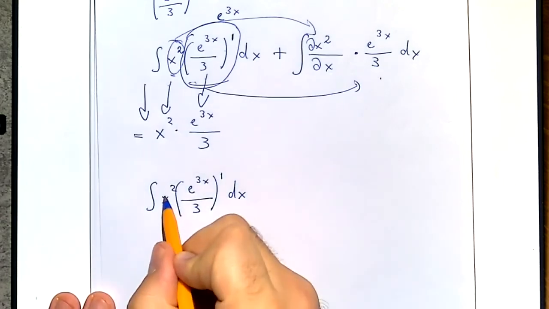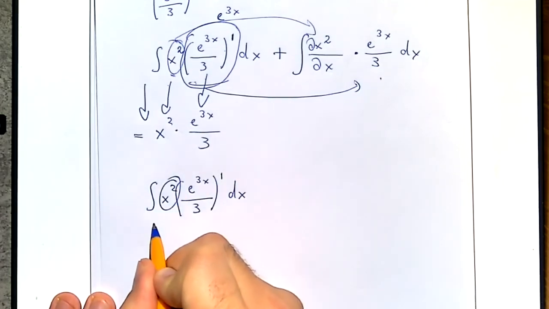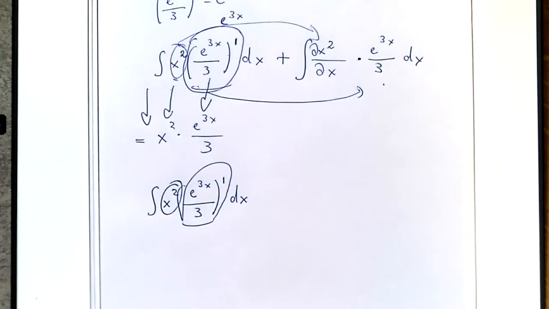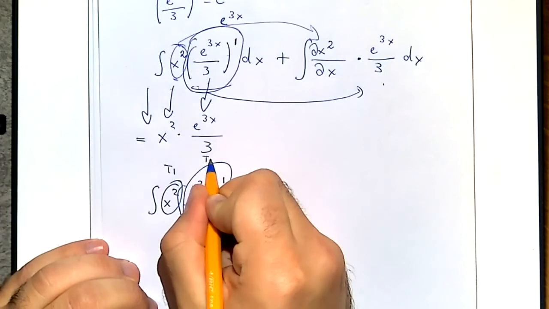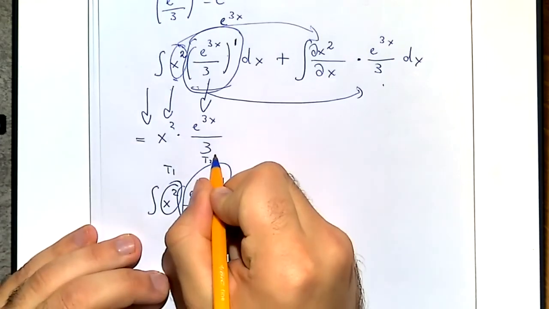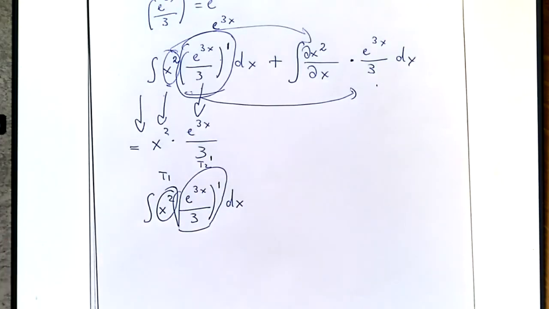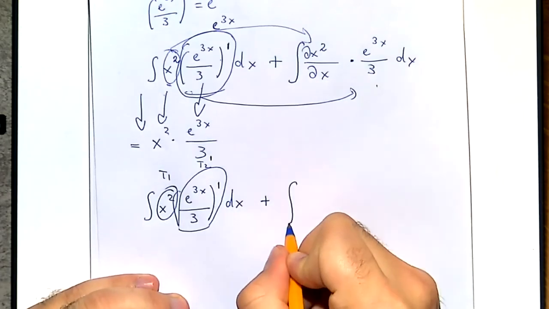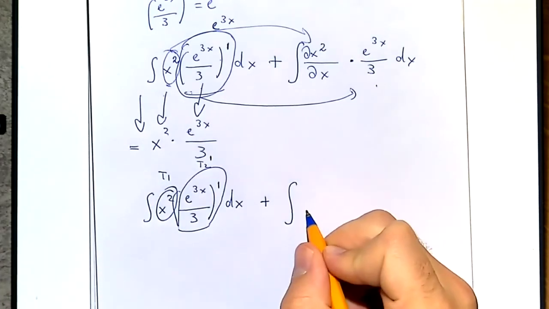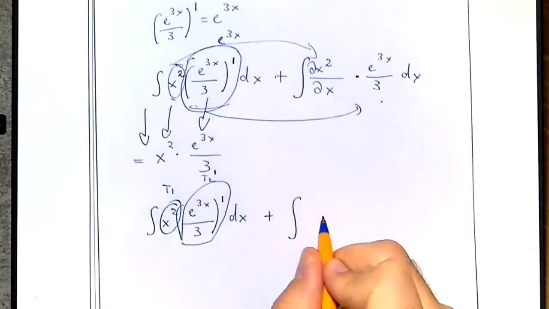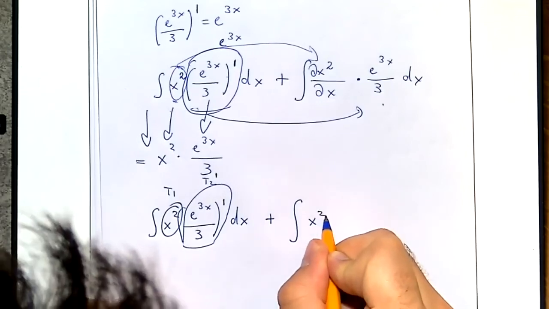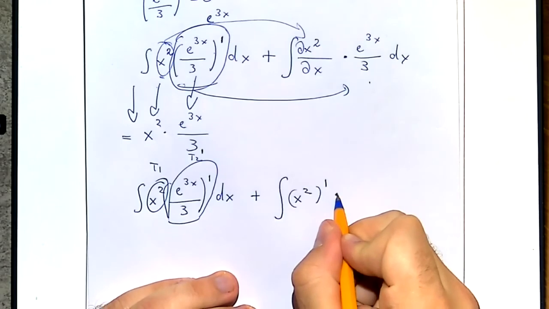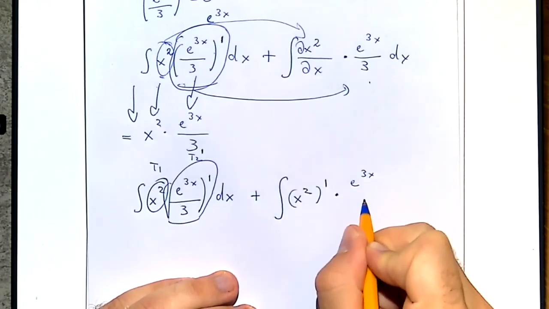I have them: term 1 and term 2. Here I have the derivative of term 2, so I have to add the integral where I take the derivative of term 1. So I take the derivative of x squared this time, and I multiply by the other term with no derivative.